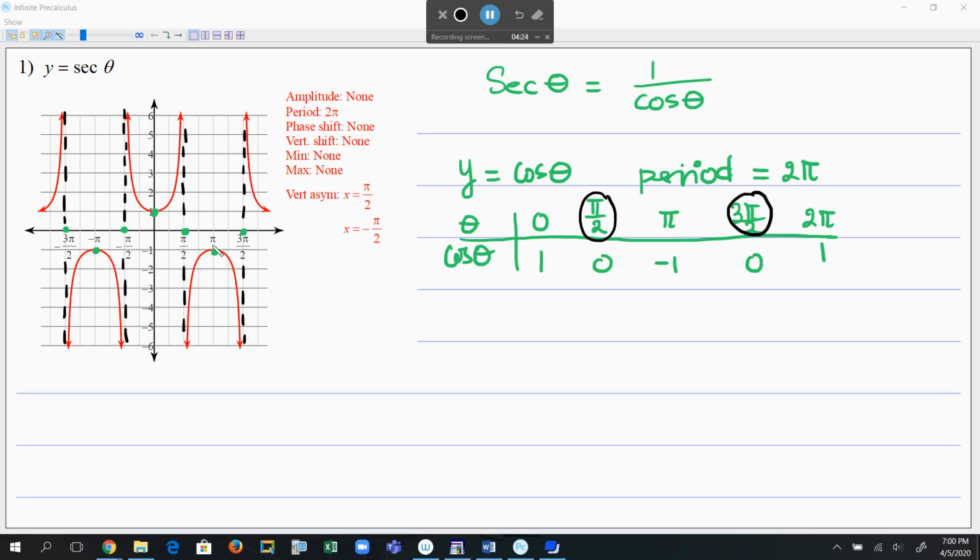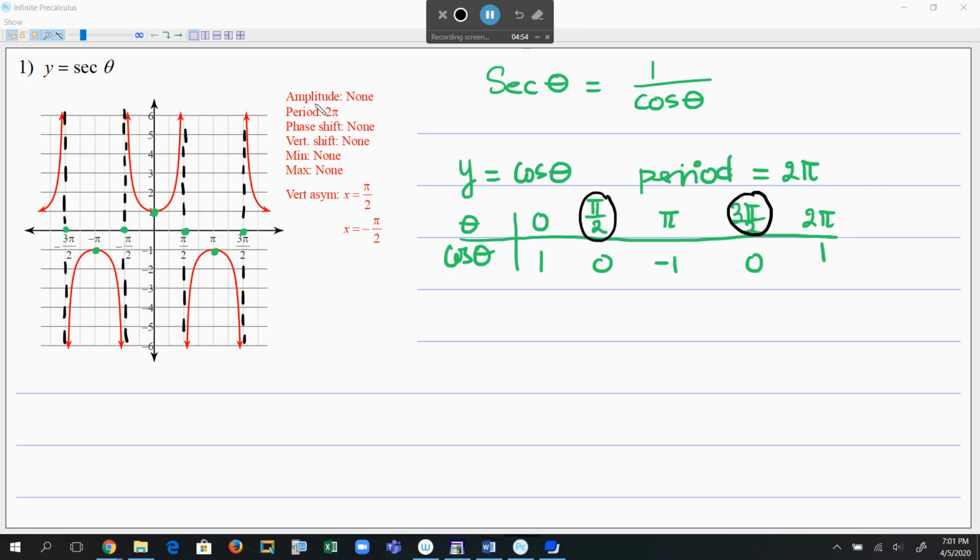And if you look at the next one, where y equals negative 1 is the minimum for our cosine, now it becomes the local maximum for our secant. So there will be a big difference between the local and the absolute. Okay, so let's go ahead and describe the graph.